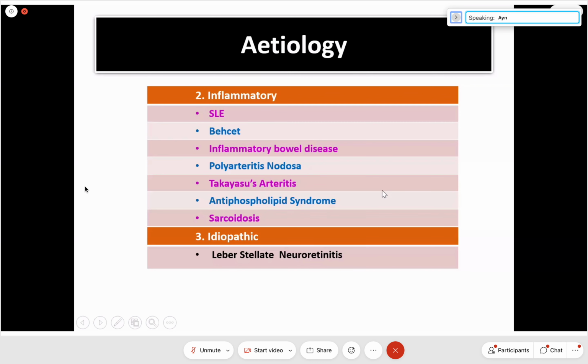So again, history is very important because we don't want to miss all these conditions because of course, patient need a long-term plan for this. Okay, last but not least, the etiology of neuroretinitis can be due to idiopathic cause, okay, in which previous papers highlighted that about 25 to 50% no identifiable cause can be found, in which in this group, it can recurrent. Okay, so I will touch a bit about this etiology later on.